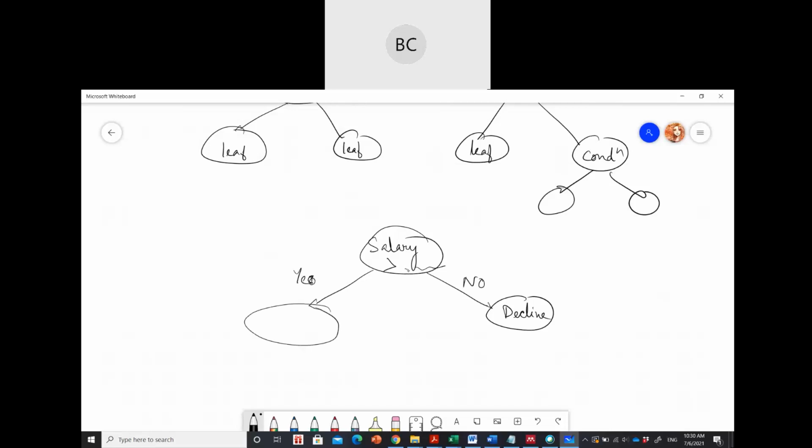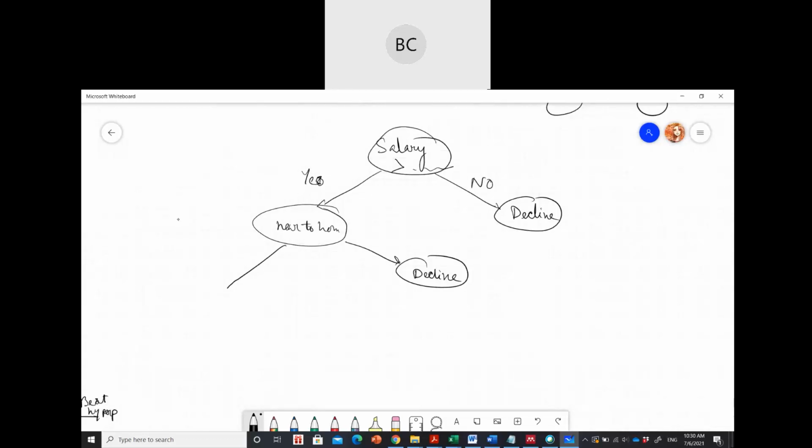Then again, you might have some other conditions like whether the office is near to home or not. If no, then again you might decline it. And if yes, maybe you have further criteria, means what should be the other facilities.